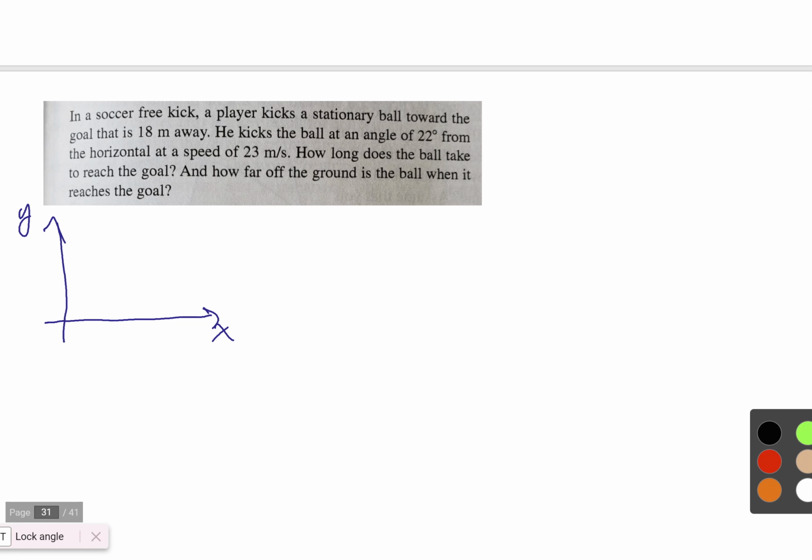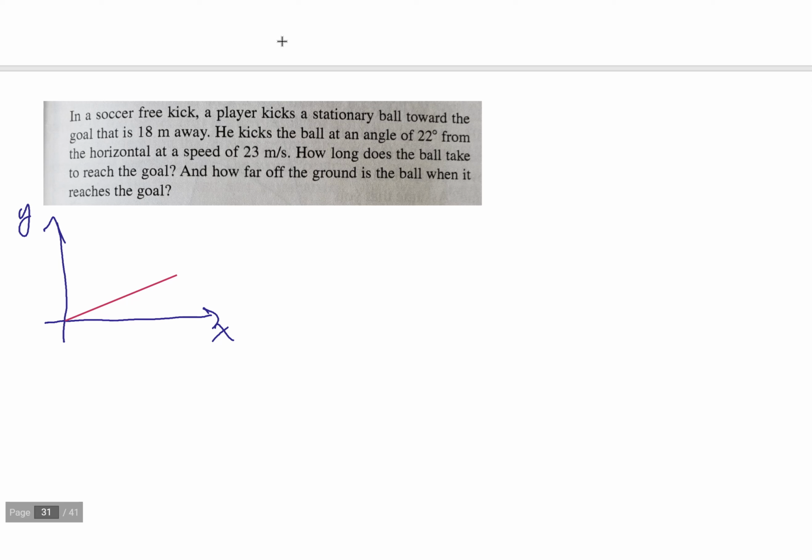Change colors. 22 degrees minus 90 would be 68, right? Okay, so that's 22 degrees. I cheated a little bit, but at least it looks better. So that is my kick.